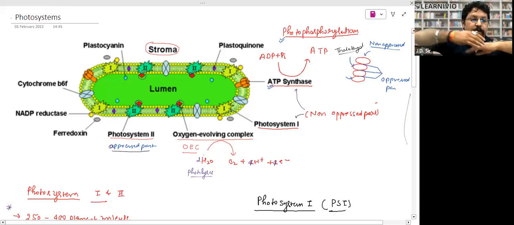But these external parts which are in contact with the stroma are called non-appressed parts. The non-appressed part always contains the ATP synthase enzyme, which helps in formation of ATP from ADP, and this reaction is called photophosphorylation. Photosystem first is also found in the non-appressed part, right? So please note down.